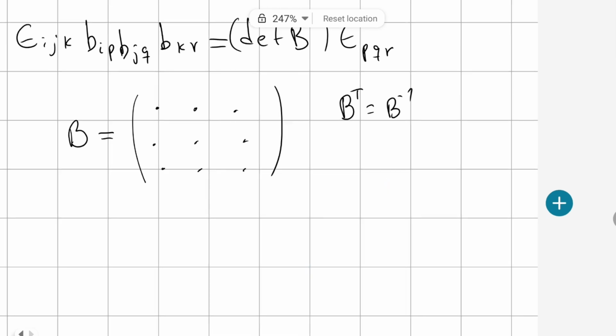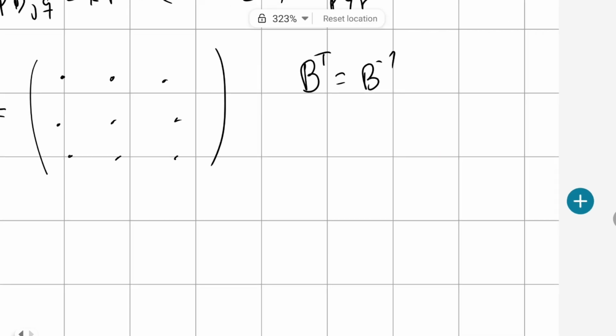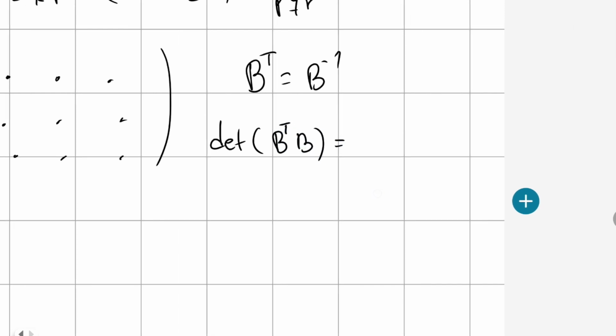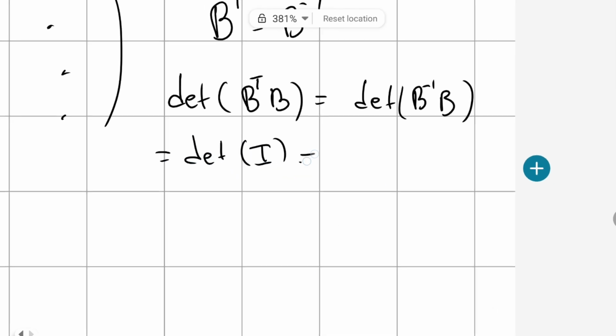So if we take the determinant of B transpose B, this is going to be equal to the determinant of B inverse B, which is of course the determinant of the identity matrix, which is equal to 1.